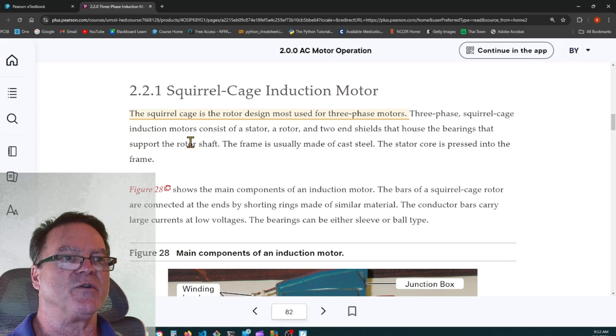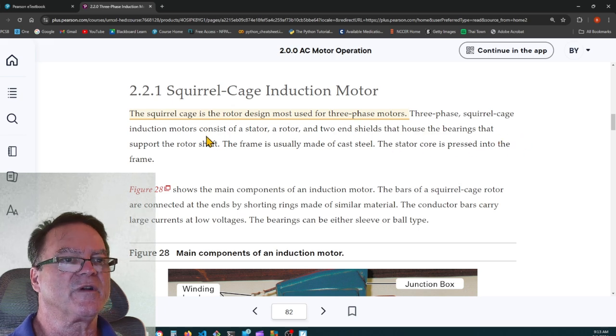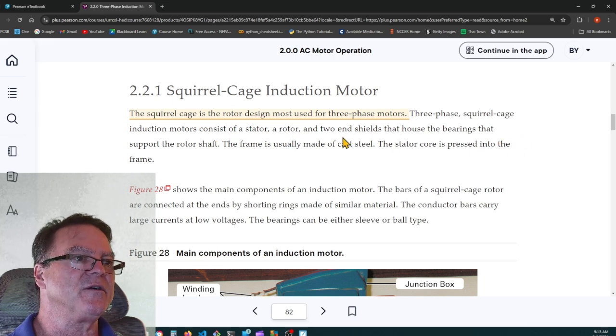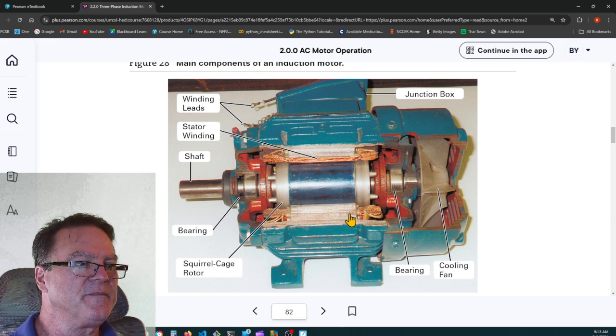Squirrel cage induction motor. The squirrel cage is the rotor design most used for three-phase motors. Three-phase squirrel cage induction motors consist of a stator, a rotor, and two end shields that house the bearings that support the rotor shaft. So here you go. These are the field windings here on the outside, or we call that the stator windings.